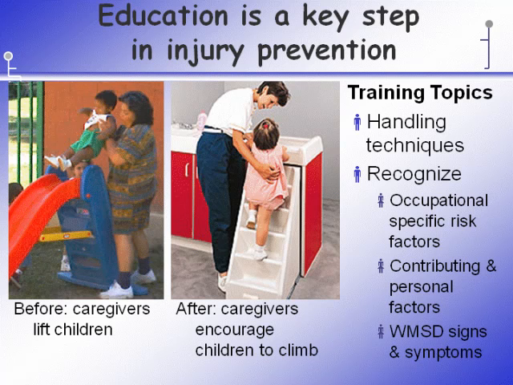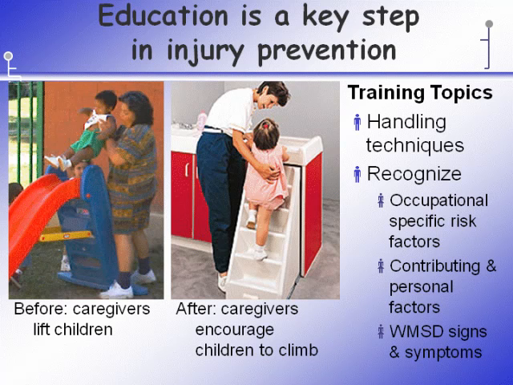And as are most of our solutions that we put into place, whether it's safety, health, industrial hygiene, or ergonomics, education is certainly the key to injury prevention, having people aware of what their hazards are in the workplace.